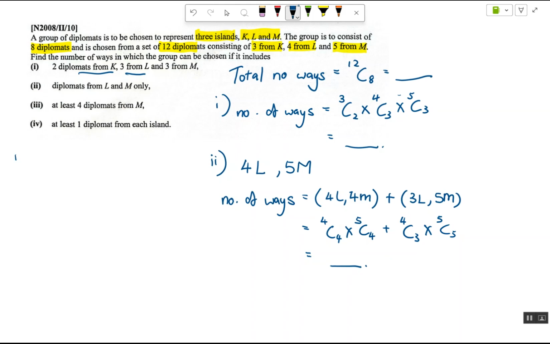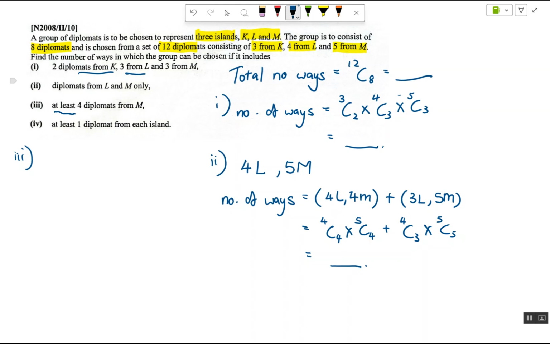For part 3, I want at least 4 diplomats from M. When we see the words at least, we can do it 2 ways. Most of the time, when you see at least, we use the complement way, which is the total number of ways minus the cases where I have less than 4.